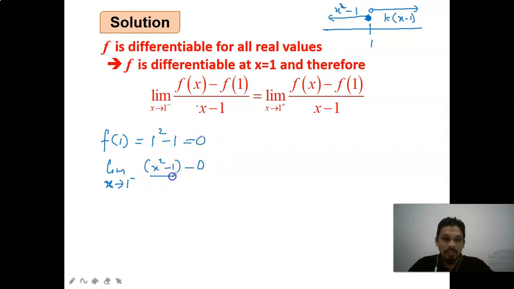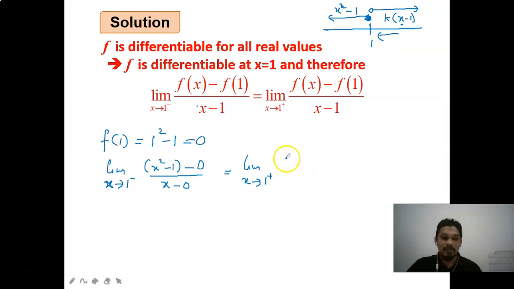So minus 0 divided by x minus 1. Equal to the limit of x approaching to 1 from right. And just imagine that if I substitute x with 1, 1 minus 1 equal to 0. 0 multiplied with k is still 0.